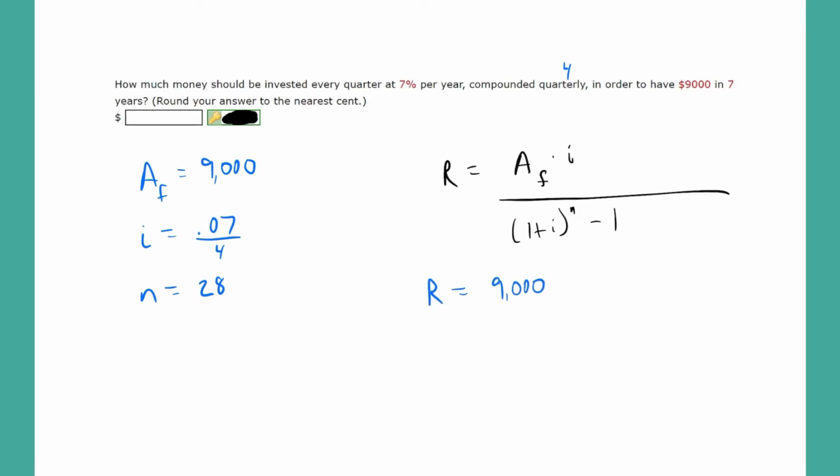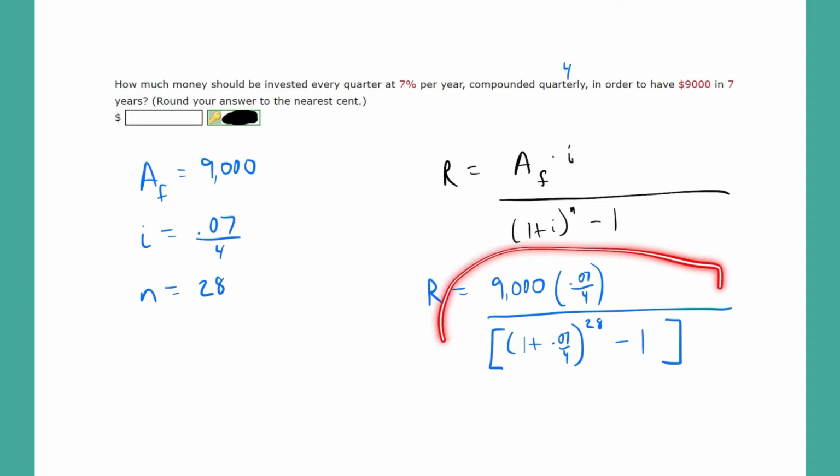9,000 times 0.07 over 4 divided by, you're going to want to put a bracket here, 1 plus I, which is 0.07 over 4, to the 28th power minus 1, close bracket.